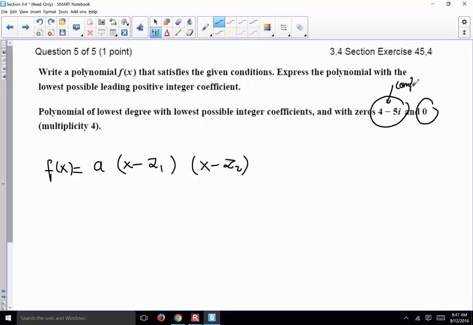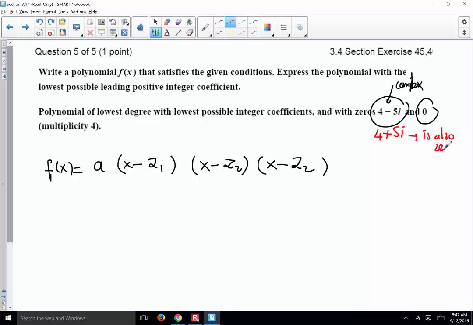If one of the zeros is complex, you actually are given 3 zeros, because the conjugate of that complex zero is also 0. What do I mean by conjugate? Conjugate means you flip the sign in front of the complex part, make it 4 plus 5i.